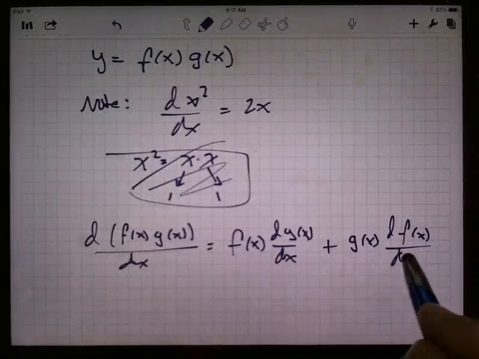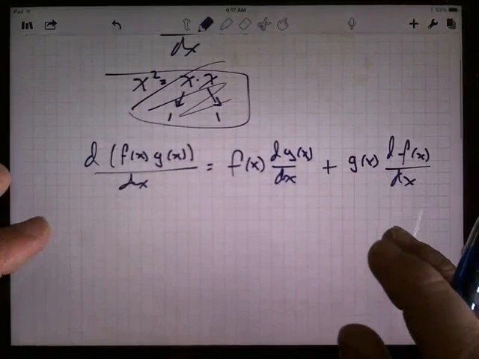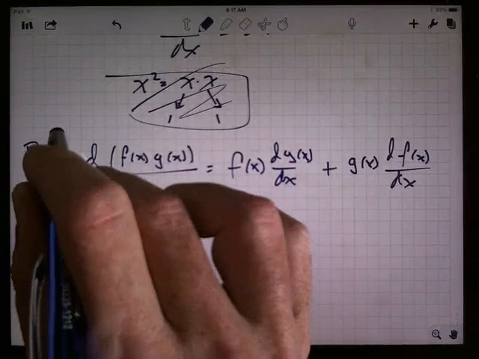First times derivative of the second plus second times the derivative of the first. This is what we call the product rule.